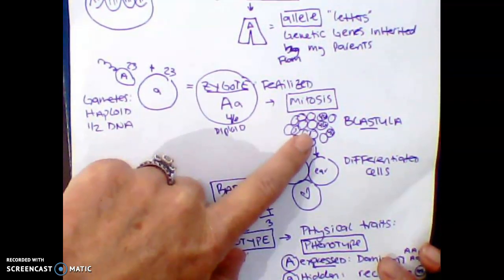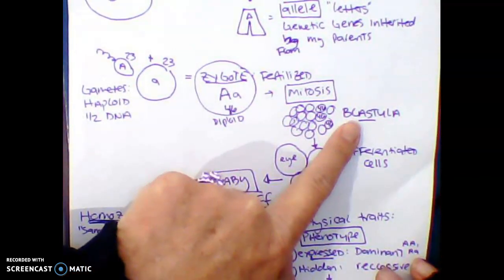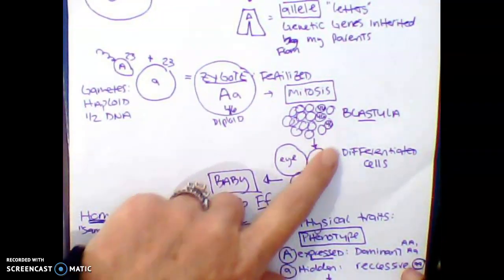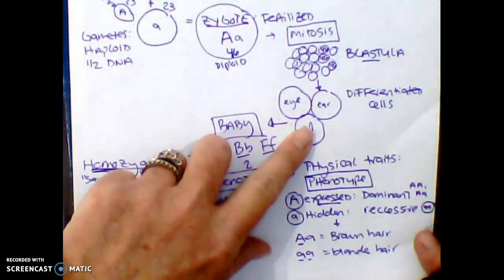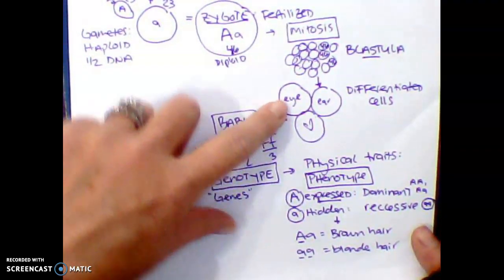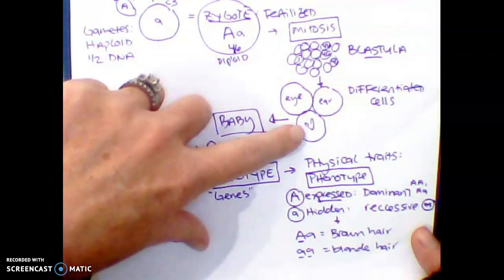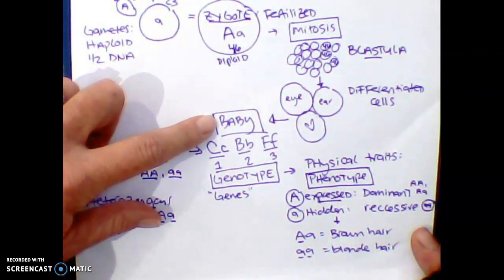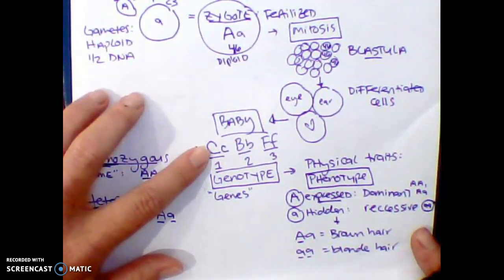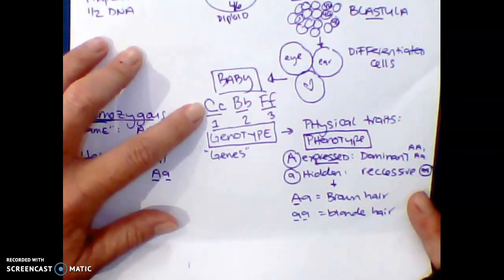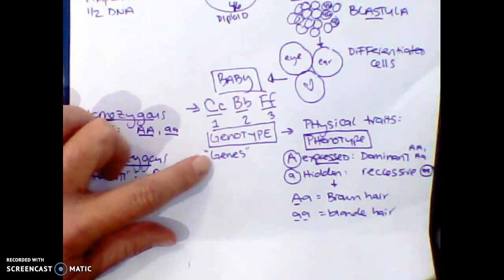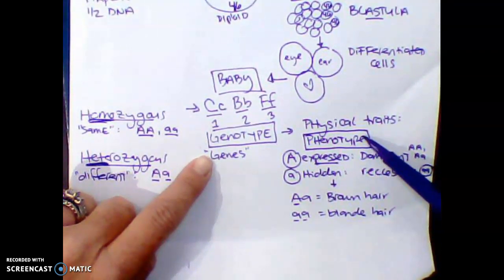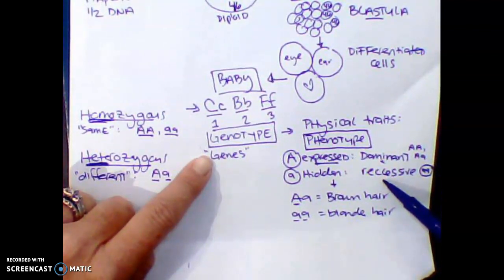It's going to divide to create a blastula, which will be important when we get to genetic engineering. That blastula will start to differentiate into groups of cells that can only make that specific trait. And that in turn is going to help us to create the organism. Now the baby's genetic gene combination is known as a genotype. So these are our genes. And that genotype is going to give rise to our phenotype depending on what is dominant and what is recessive.